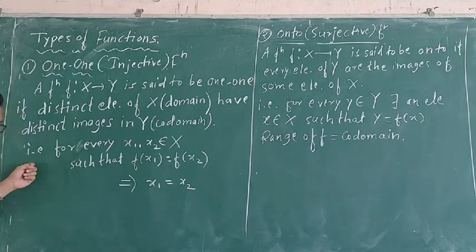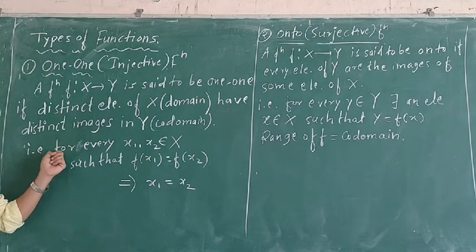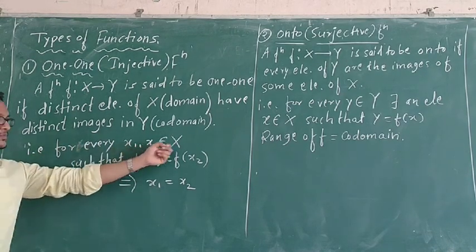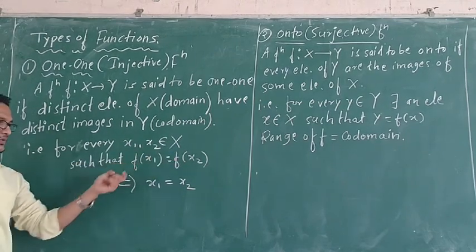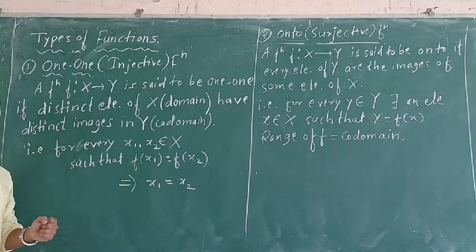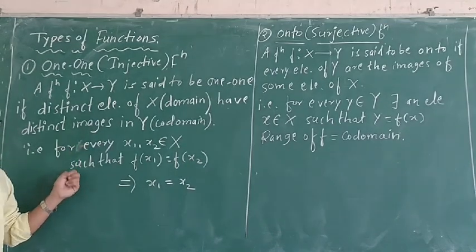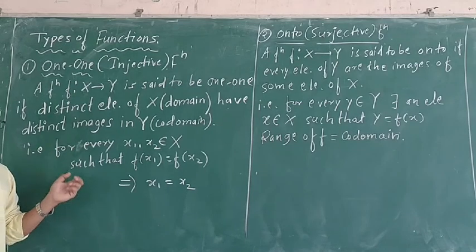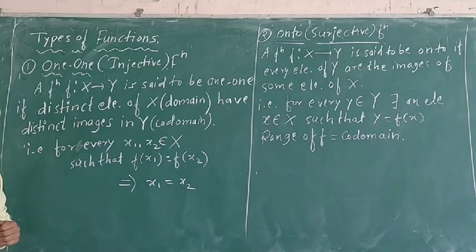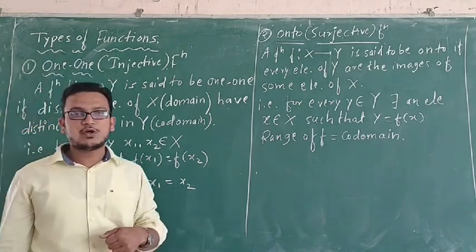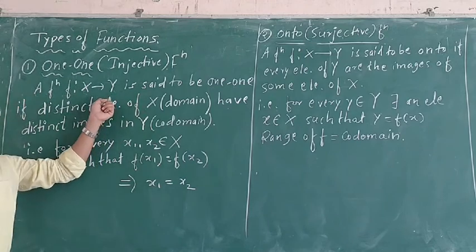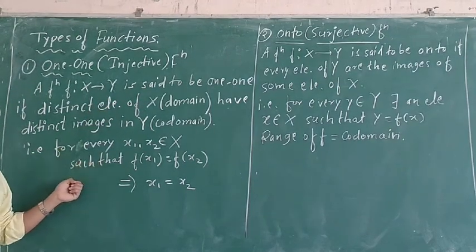But one more definition I have given here: for every x1, x2 belonging to x such that f of x1 is equal to f of x2, that implies x1 is equal to x2, then the function is one-one. This definition is useful to simplify the examples. Suppose you are asked to check whether the given function is one-one or not, that time you are going to use this definition.